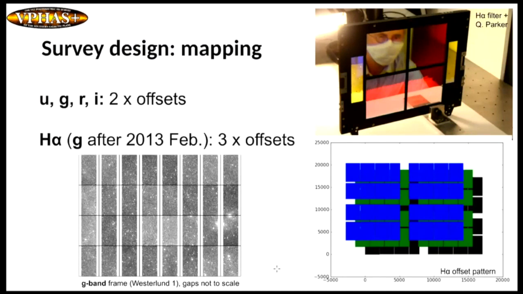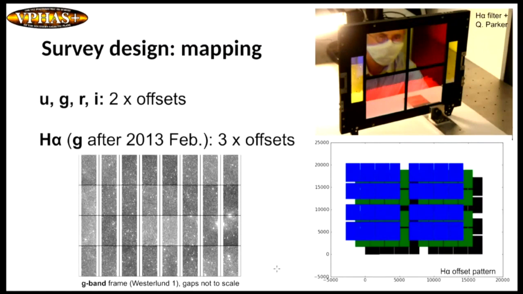we used 3 offset positions, and the reason why we use this particular different offsetting is because the H-alpha filter that was designed by the VPHAS+ consortium has this crossbar in between. So a very large part of the sky was covered by the shadow of this bar.